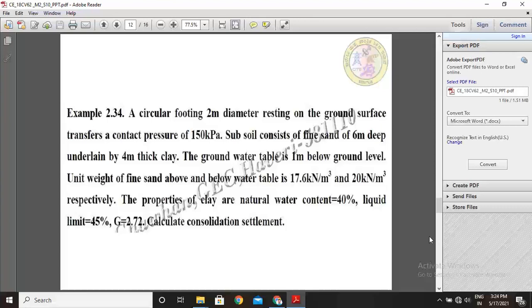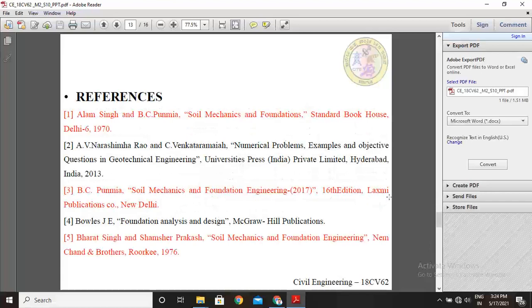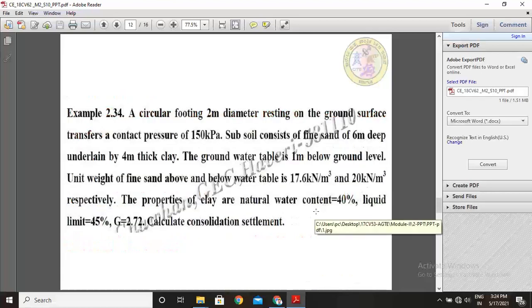The properties of clay are natural water content 40%, liquid limit 45%, G is 2.72. Calculate consolidation settlements. I think this problem is similar to the earlier problem, that is consolidation settlements. So solve this problem by using the above problem steps.